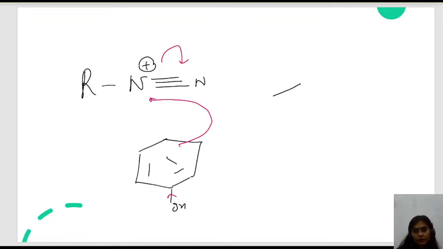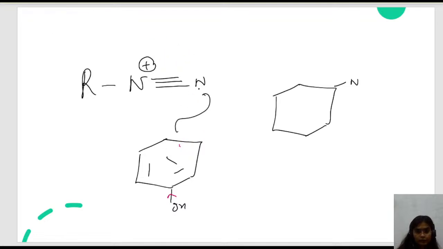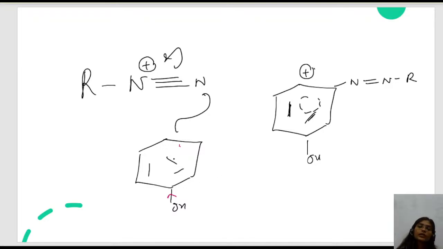So basically, it is a benzene combined with nitrogen, the terminal one, right? This R is already connected here, right? Now there is a positive charge, and it's delocalized. And then this is how the reaction goes on.